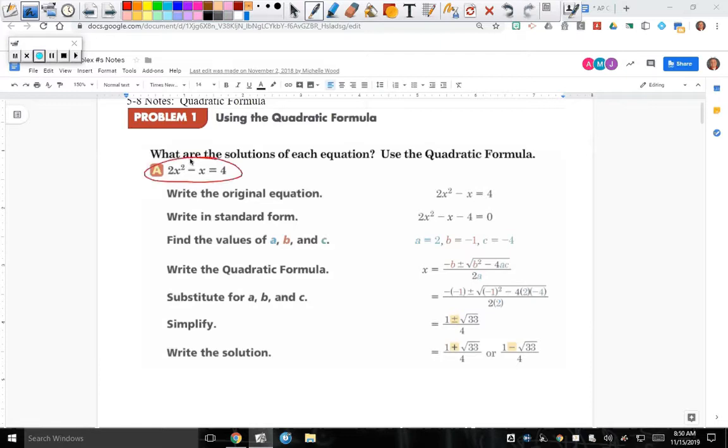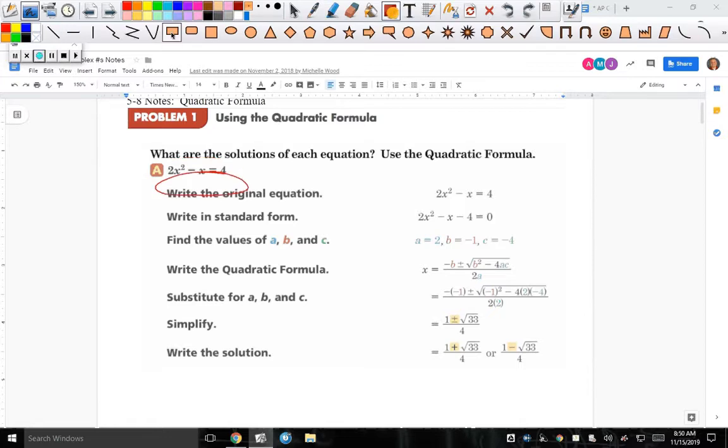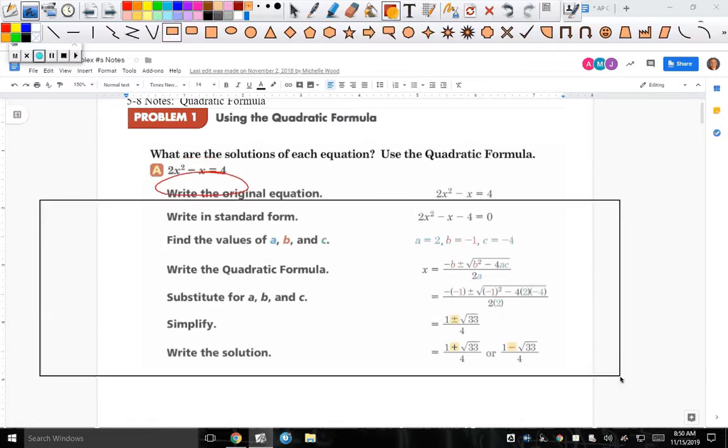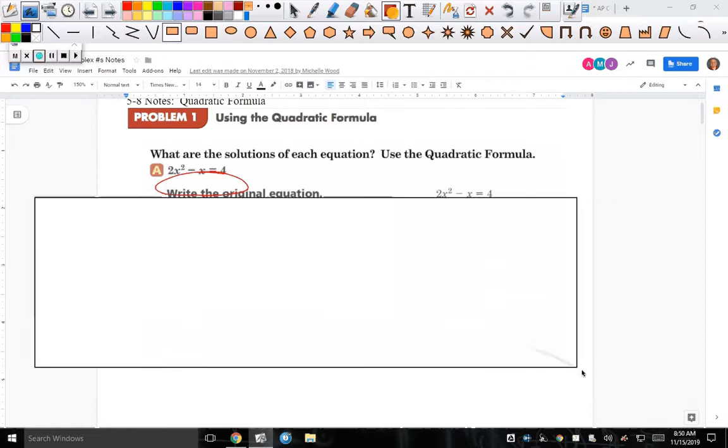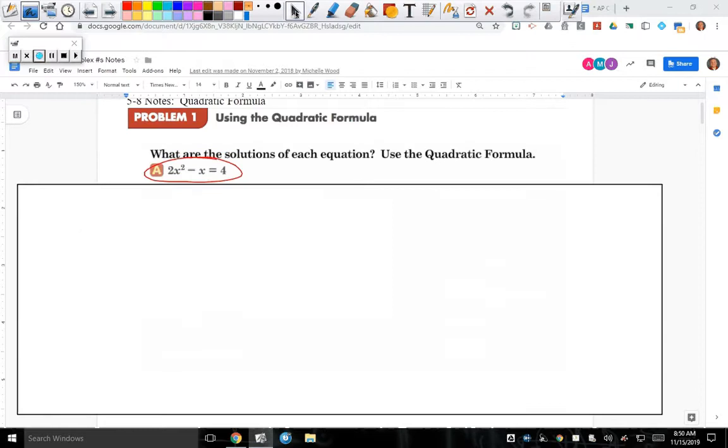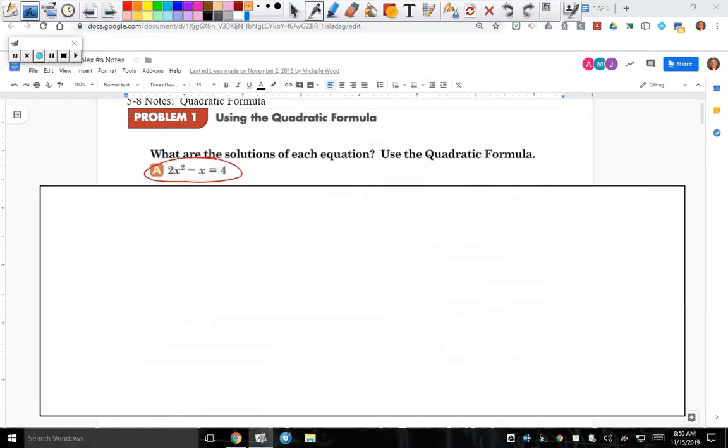My equation is 2x squared minus x is equal to 4. Okay? So I'm going to go ahead and incorporate both the discriminant and the quadratic right now, so that you can understand what we're doing. So I would see 2x squared minus x is equal to 4. And my first go-to would be to set it equal to 0.